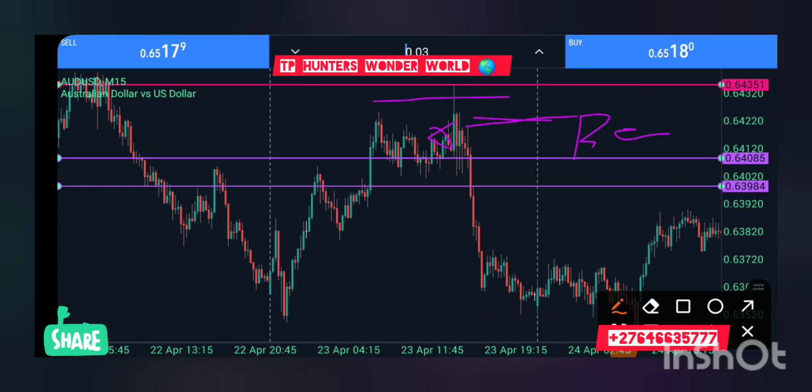And don't forget to mark the structure shift, MMS, fair value gap rejections. When I'm saying don't forget to mark the structure shift, MMS, fair value gap rejections, I'm talking about these levels. You must never ever forget to mark these levels. They are too important, guys.